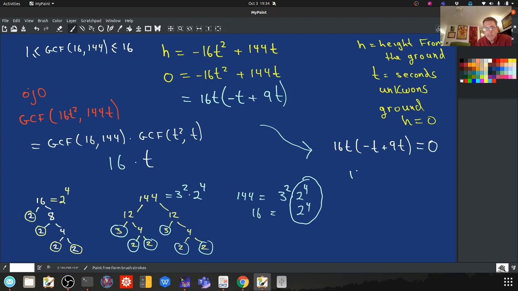So that means 16t is equal to 0, or minus t plus 9 is equal to 0.